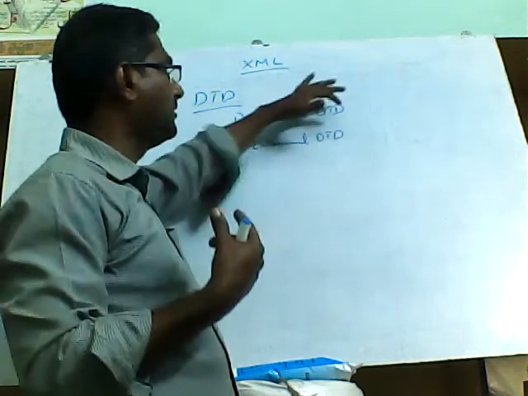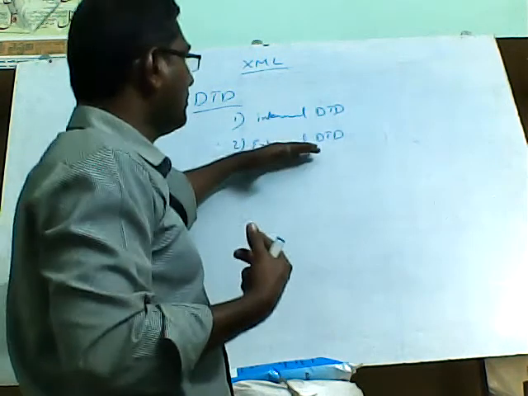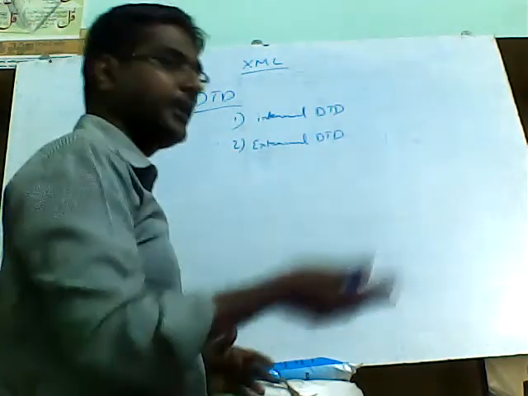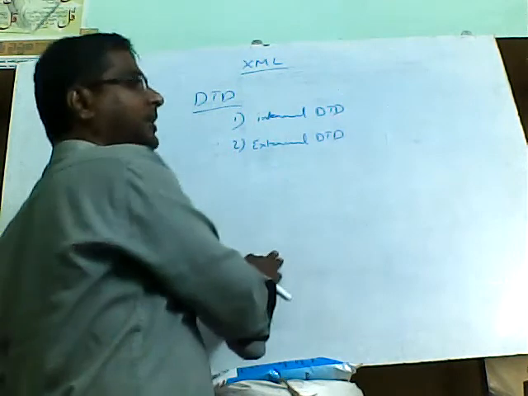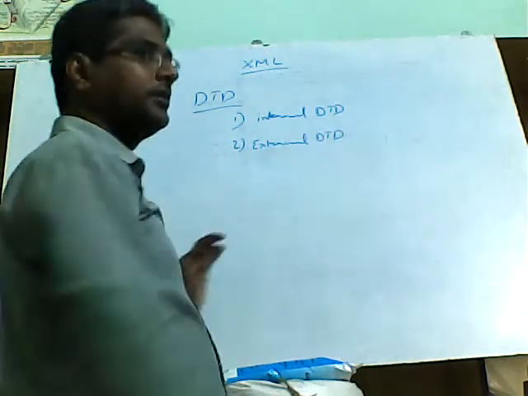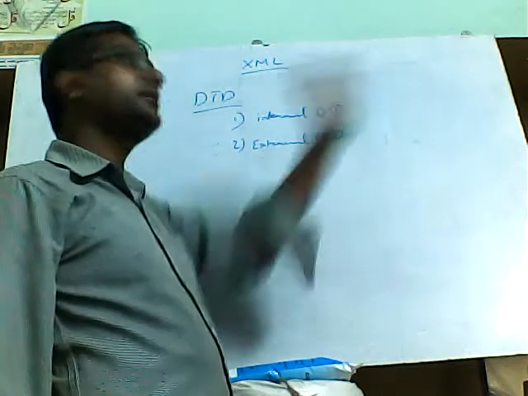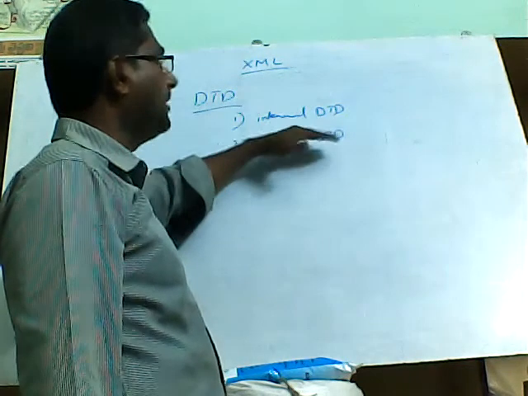You can add that within a file. Suppose you want to save that definition externally, in another file, you can specify that link to an XML document, and you can save that DTD content in a separate file. That facility also will be available.